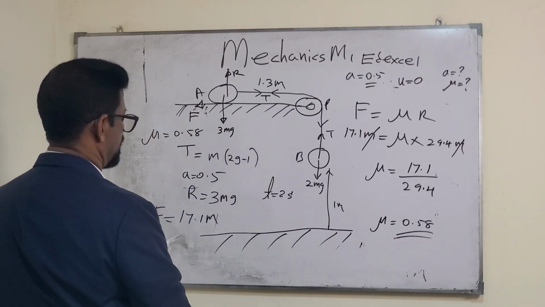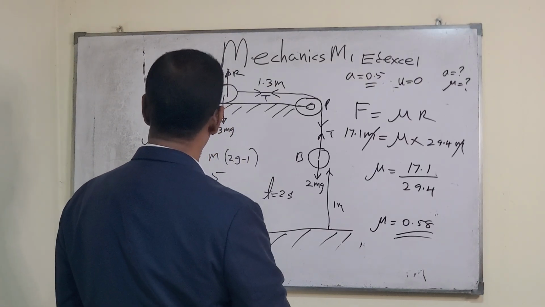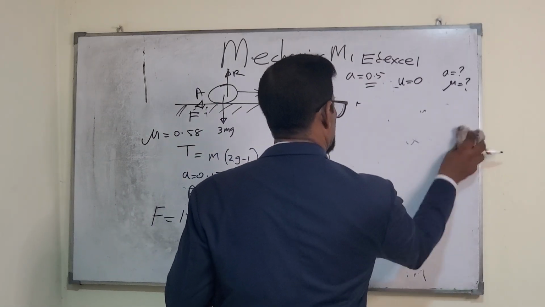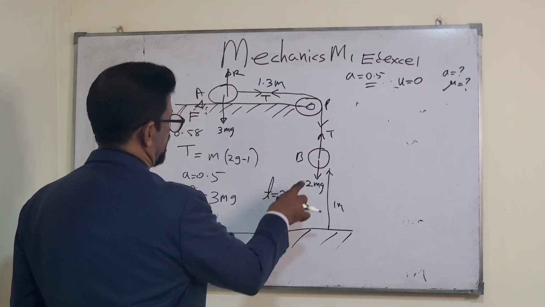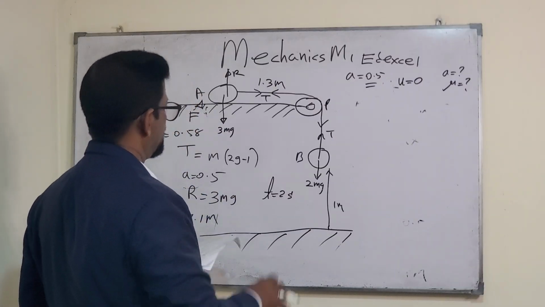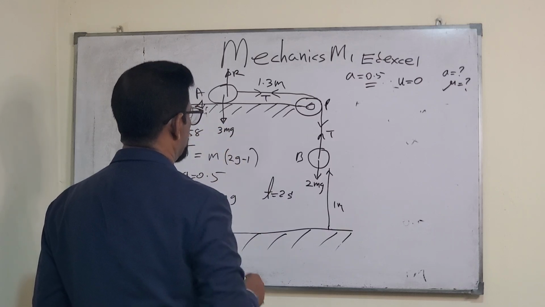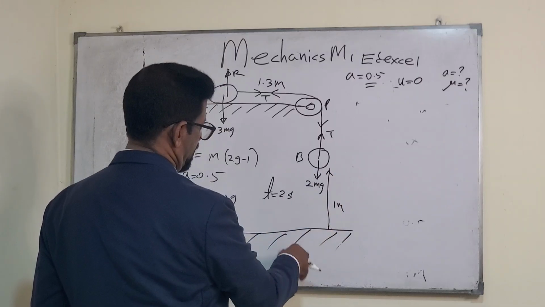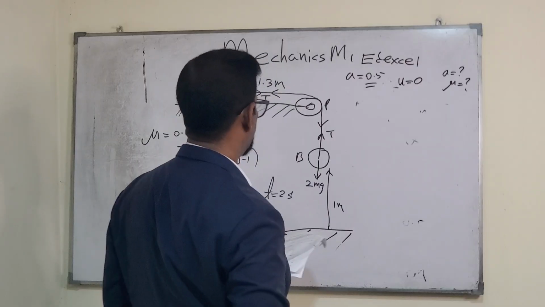Tension, right. Mu 0.8, everything given. Then now next part. Now B particle hits the floor, then this tension is released and A will decelerate. First we can find the velocity at the point 1 meter past when it hits.